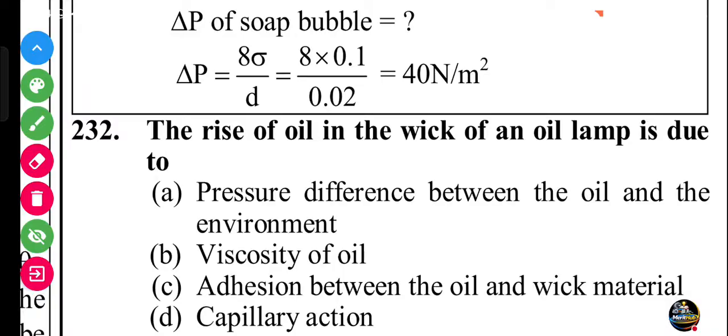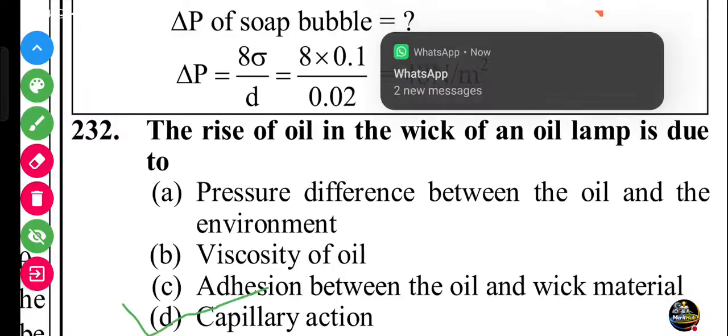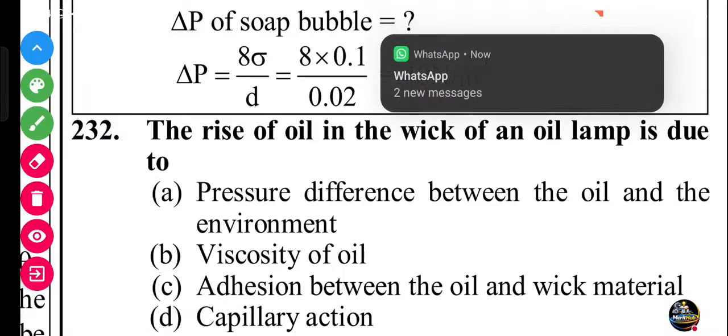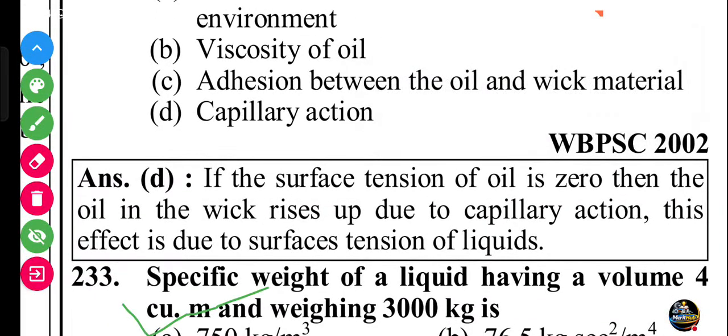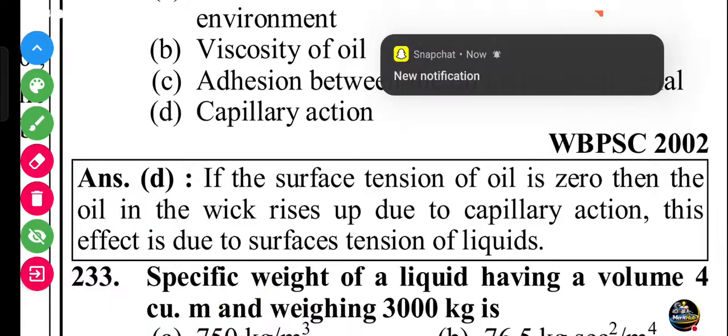I think D, capillary action. Let's check. Yes, option D is right. The oil in the wick rises up due to capillary action. This effect is due to the surface tension of the liquids.